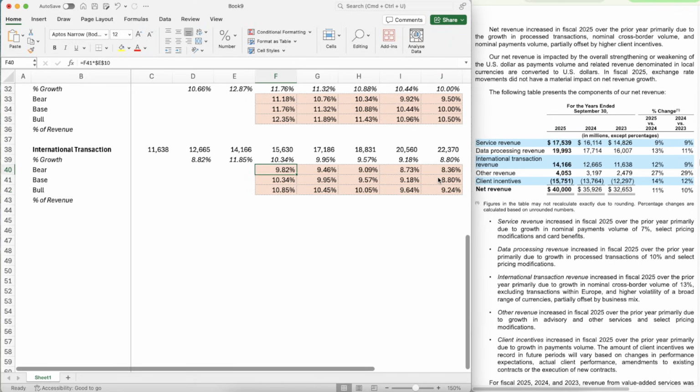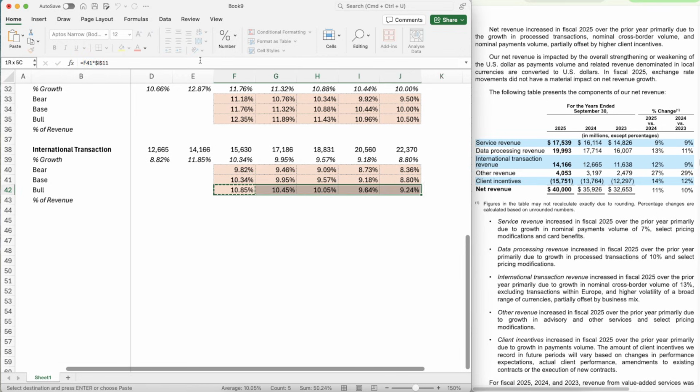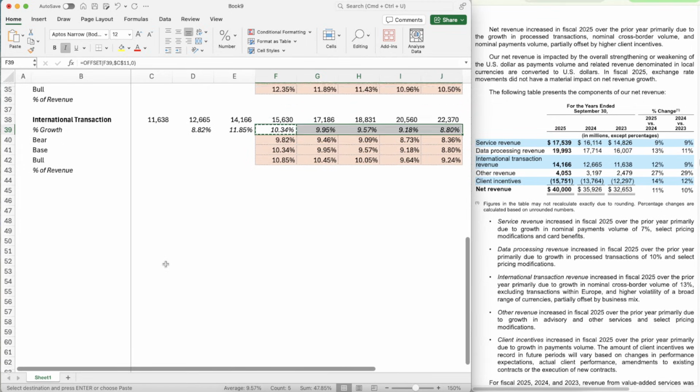B11. All of these to 11. There we go. Looks good.